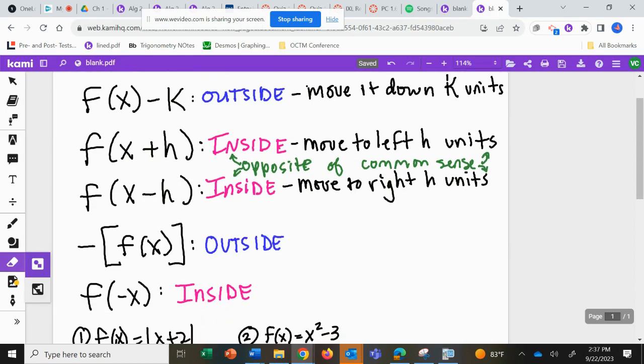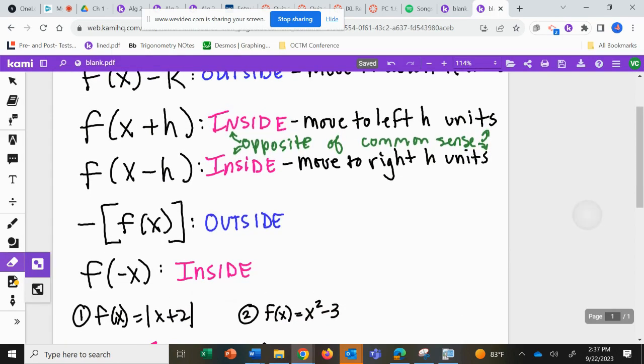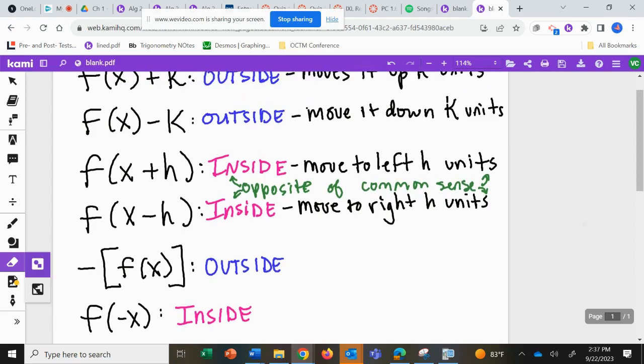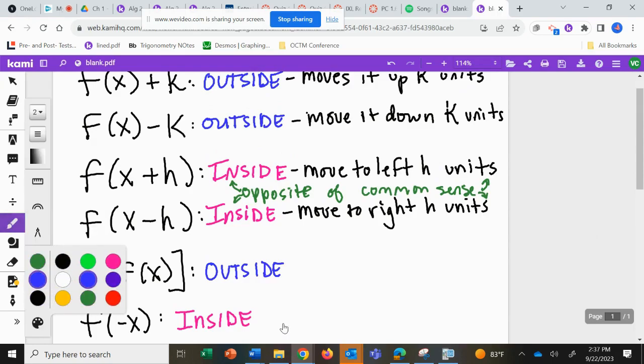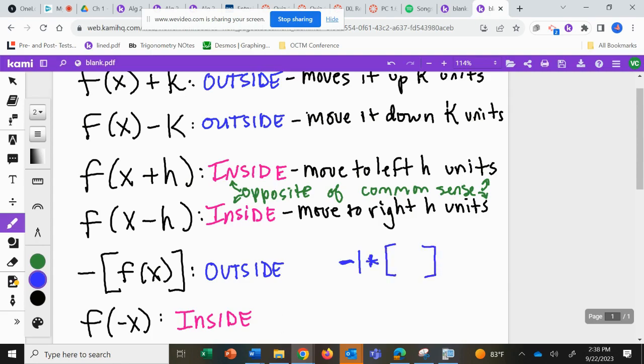All right, now we're going to start the ones we didn't get to last time, which were negative signs. I want you to know that a negative sign is not just a negative sign, but it's the same thing as a -1 being multiplied by whatever is inside here. You can write it down if you want, but that's not my description. I just don't have space on my paper.